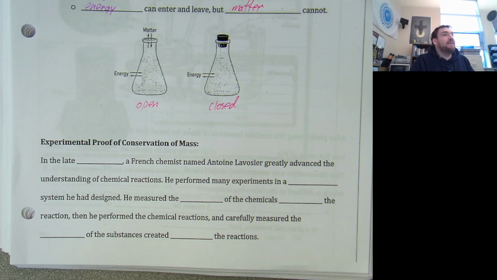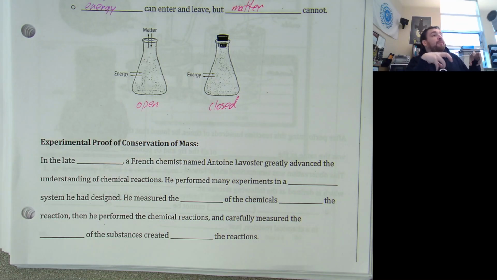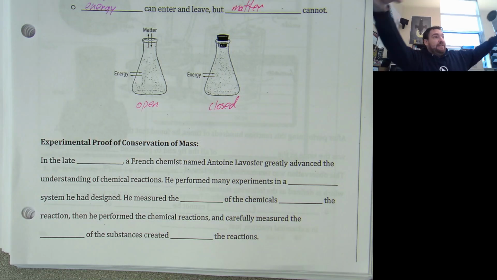To trap it? Just forever? No. Because, I mean, you can trap it in the sense that you can perfectly soundproof a room so that no sound can leave and no sound can enter.